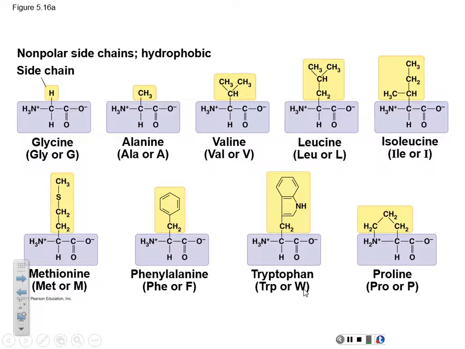There actually is a method, a reason behind why it's abbreviated W. Part of it is because there are other amino acids whose first letter is T, so you can't have everything that starts with T be labeled T, but there is a methodology to the nomenclature.